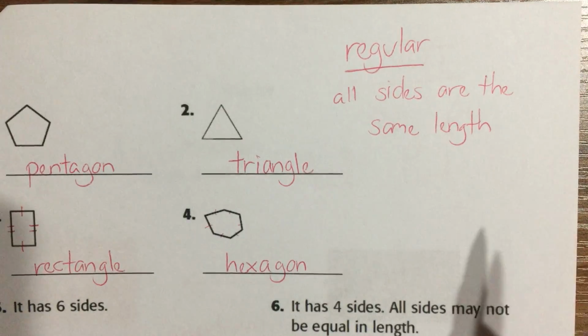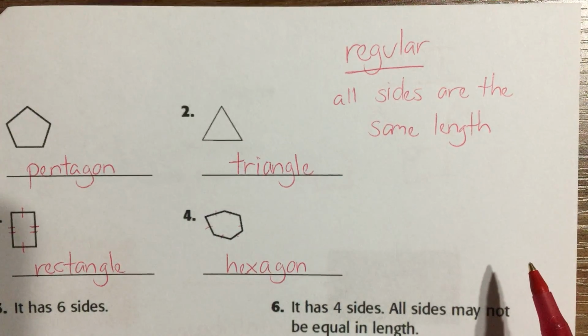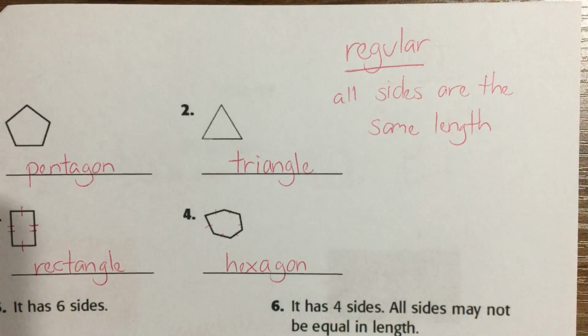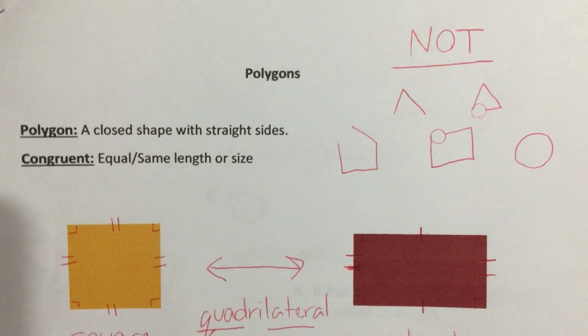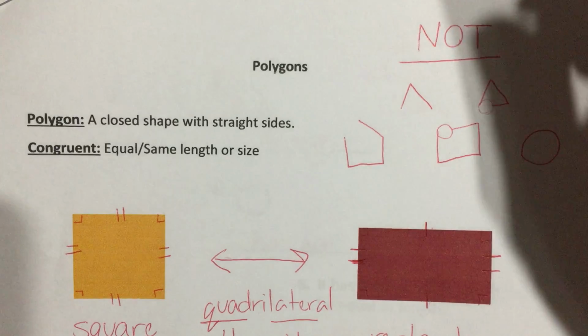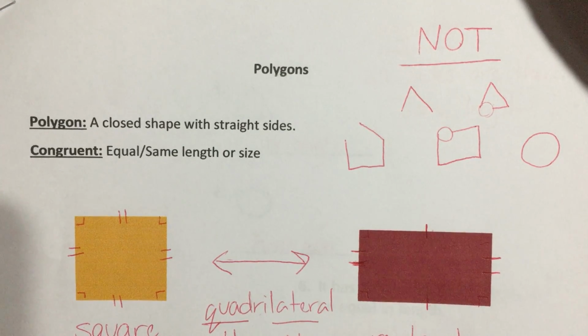Regular means that all sides are the same length. Any of those polygons that we talked about, if they have the same measurement of sides, they are regular polygons. If even one side is shorter or longer than the others, it is not a regular polygon.